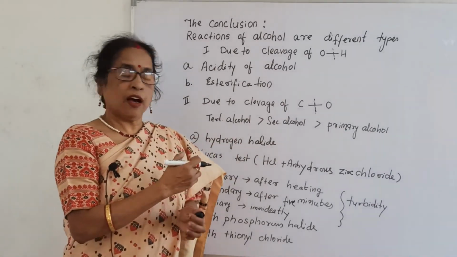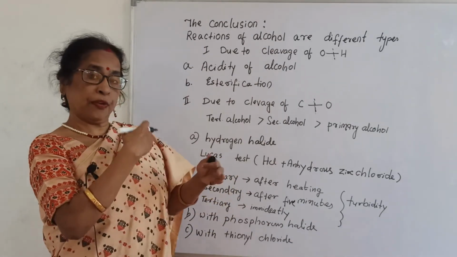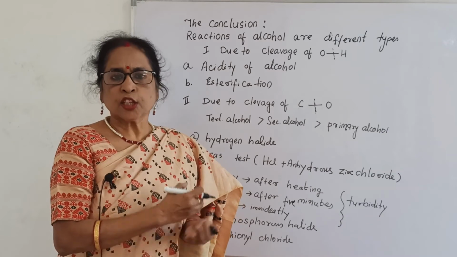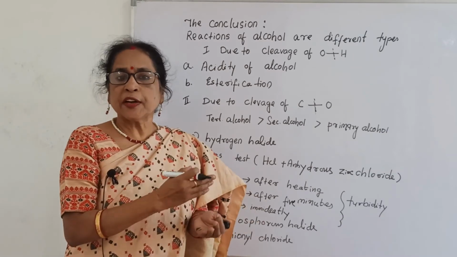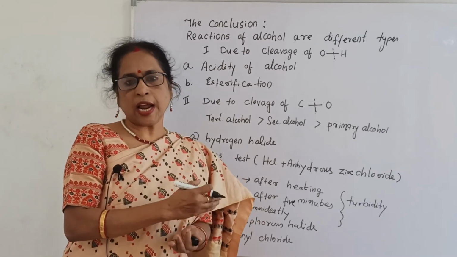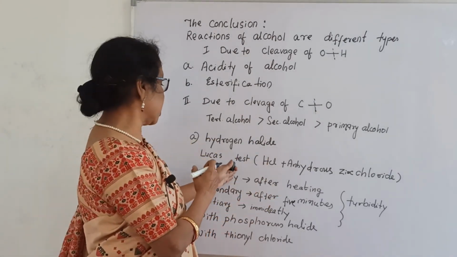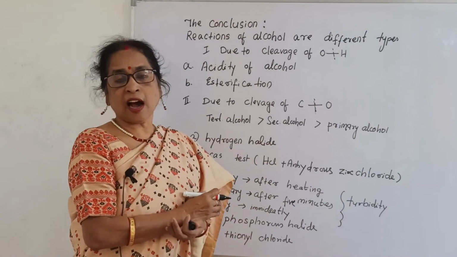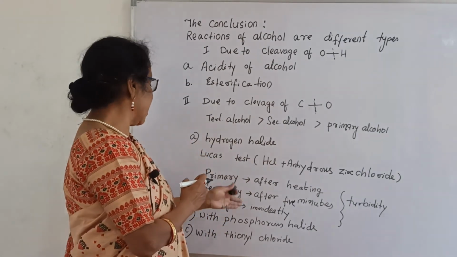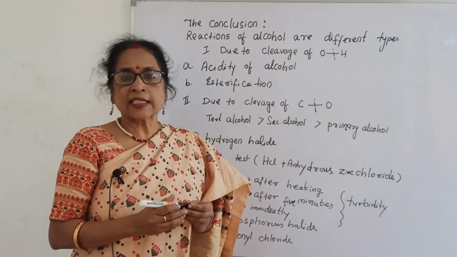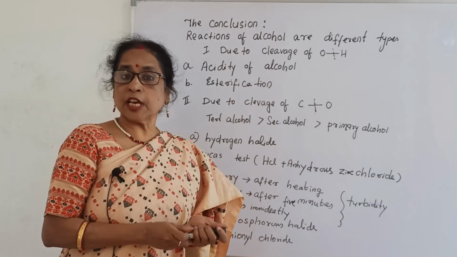If alcohol reacts with hydrogen halide, it gives the corresponding halide. Suppose it is HCl, it will give alkyl chloride. Similarly, here one important test is called the Lucas test, HCl plus anhydrous ZnCl2, and here it gives the corresponding halide. Primary gives primary halide, secondary gives secondary halide, tertiary gives tertiary halide.